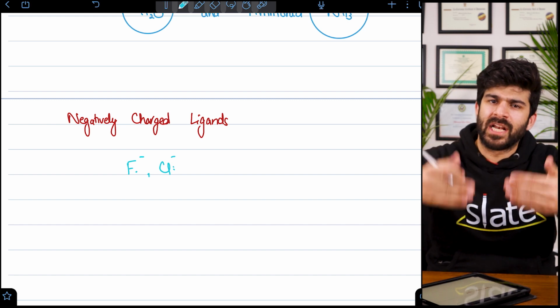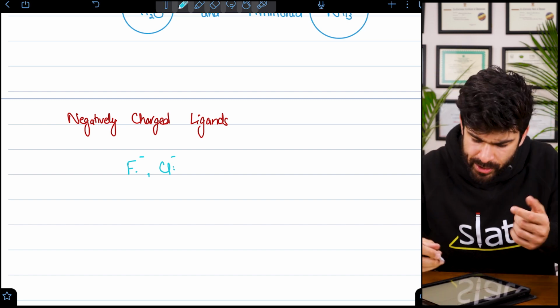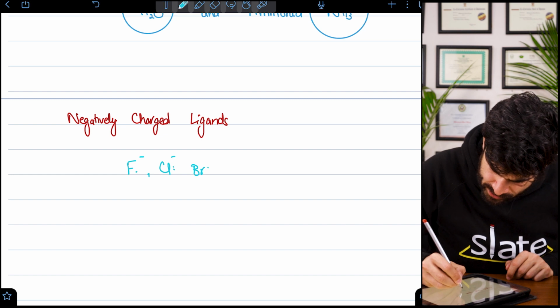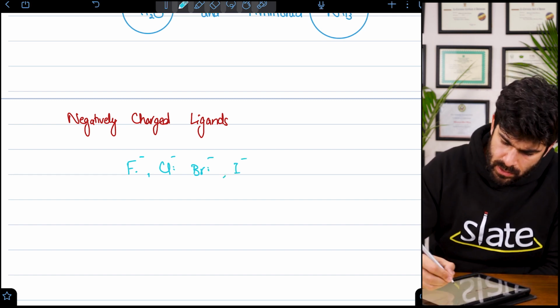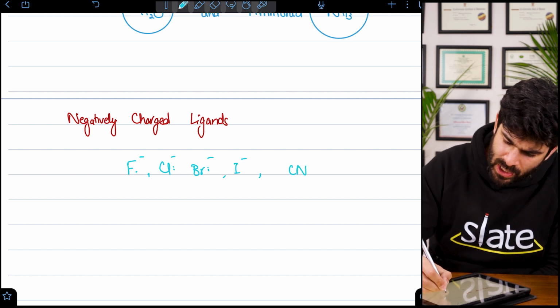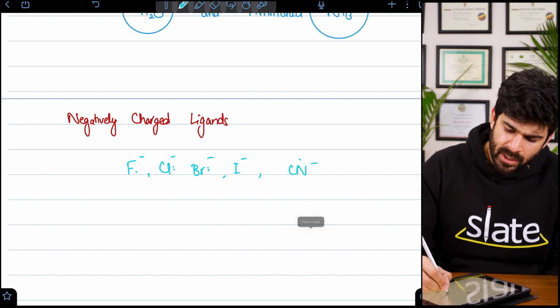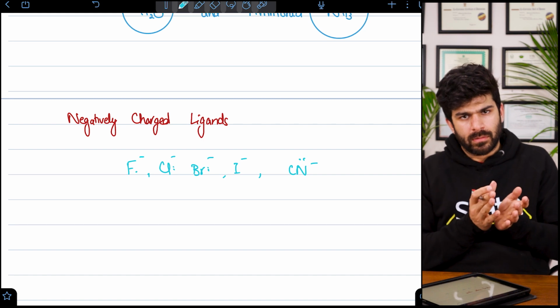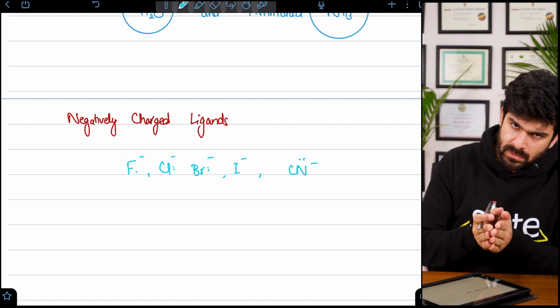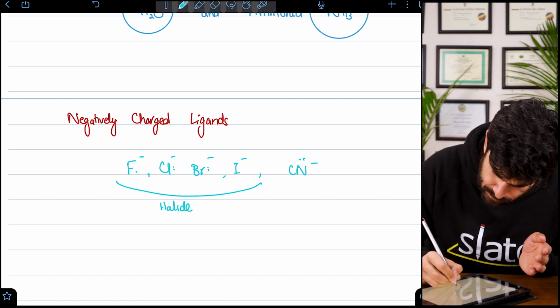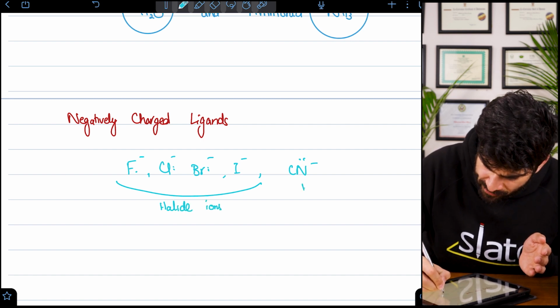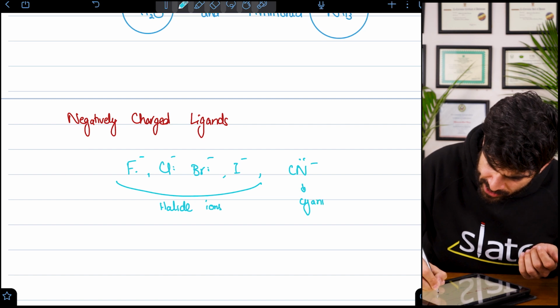Since they've received an electron, they have a lone pair to be shared. Bromide. Not just that, we have cyanide here as well. So cyanide, nitrogen, also has a lone pair. So these ones are negative ones. We either have halide ions or we have cyanide ion.